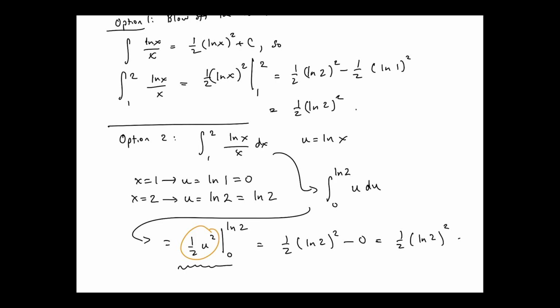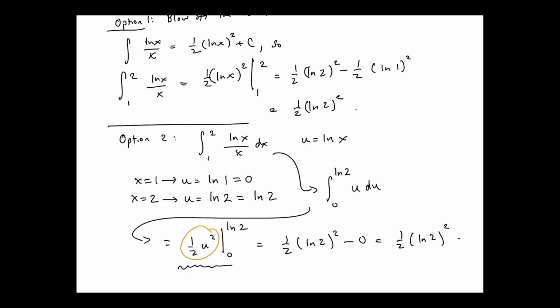But what does the fundamental theorem say? You've got a definite integral. You find an antiderivative, plug in the top number, plug in the bottom number, and put a minus sign in between, right? So that's why it's minus. Okay, good?